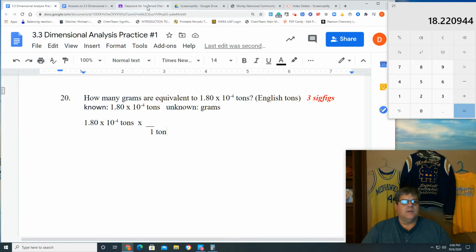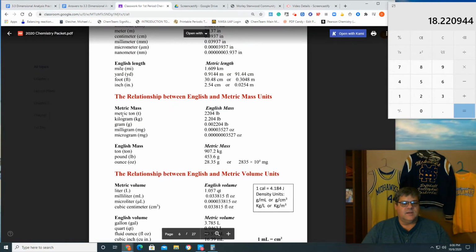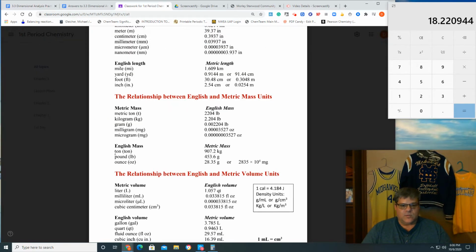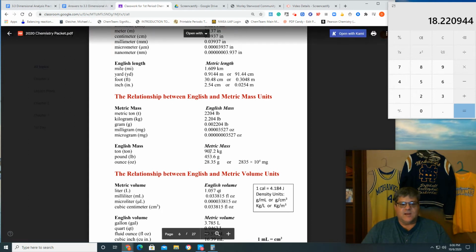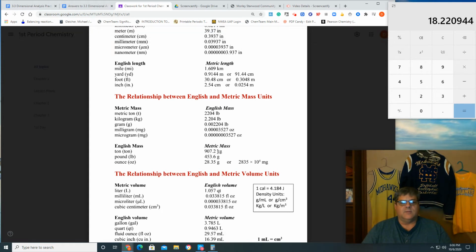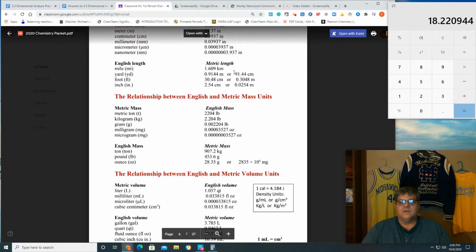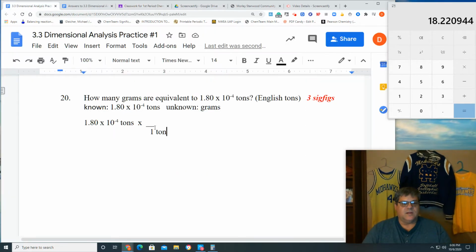So we're going to look at our conversion table, and we see here that 1 ton is going to be 907.2 kilograms. I don't have anything else, but I want to get to grams. Now I could convert this right here, but because we're doing dimensional analysis, we're not going to do that.